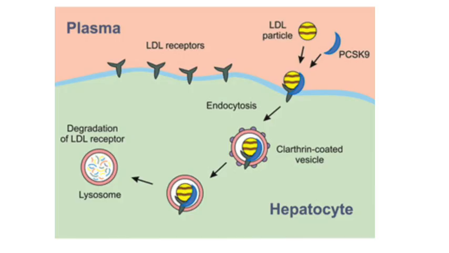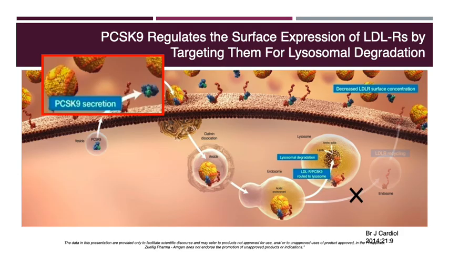In understanding the significance of PCSK9 inhibitors, we need to understand that LDL receptors aid in the endocytosis of LDL cholesterol bound to its receptors, with eventual degradation of the LDL particle. Proprotein convertase subtilisin/kexin type 9, or PCSK9, binds to LDL receptors, and the complex of LDL receptor with PCSK9 is degraded in the lysosomes.